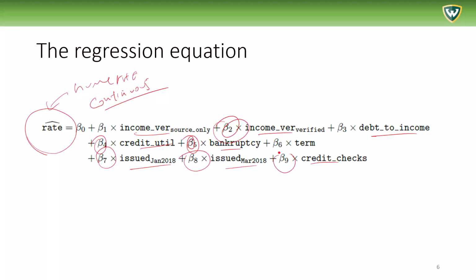And that's how we build the model. So we need to build the model from data. In machine learning, this is a supervised approach. So we already have the data, and what we're trying to find is how much each of these variables seems to be associated with interest rate. So the beta will give us the weight, or as we call it, the coefficient, of how each particular variable is associated with interest rate.